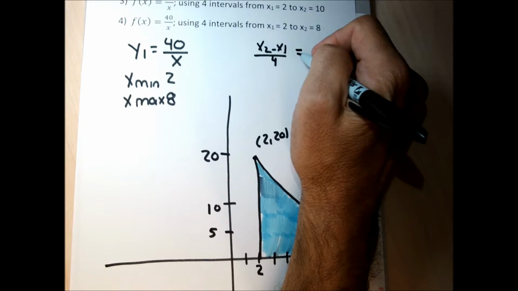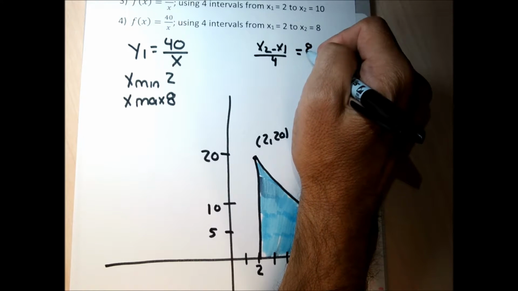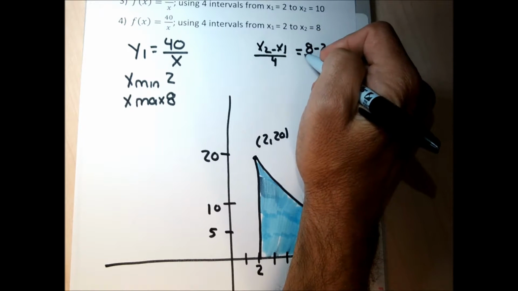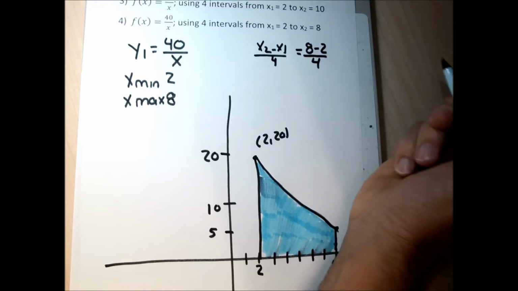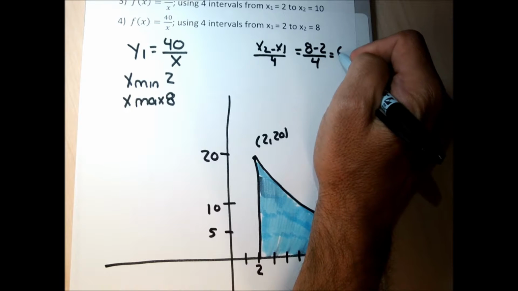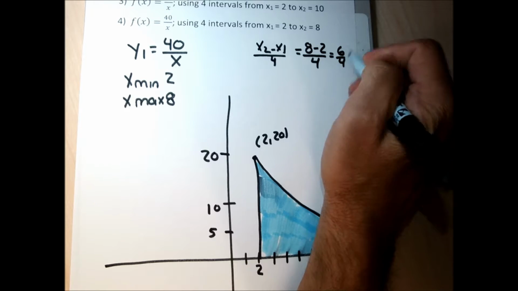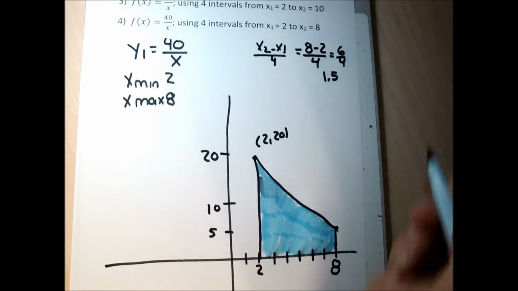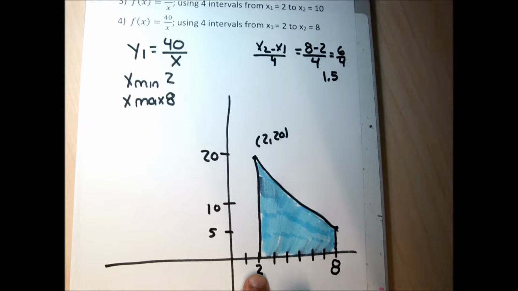I'm going to find out how far apart to put the numbers on the x-axis by going 8 minus 2, x2 minus x1, over n, which is 4. This comes out to 6 over 4, and that's really not pleasant. That's 1.5. So on my x-axis, starting at 2, I need to mark numbers that are 1.5 away from each other. So starting at 2, 2 plus 1.5 is 3.5.